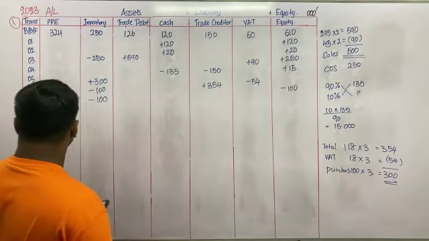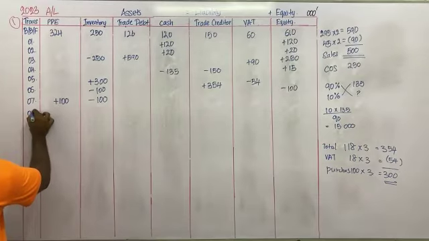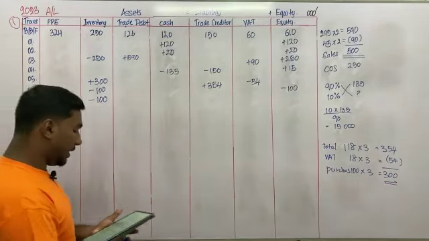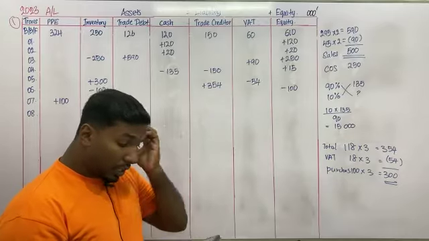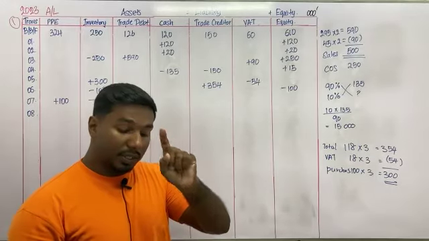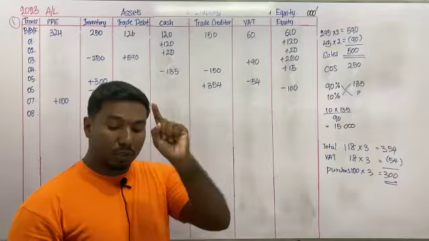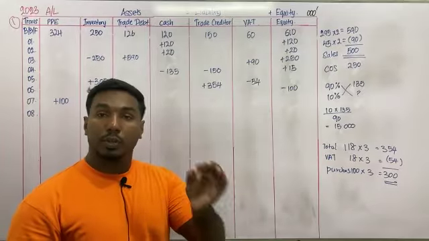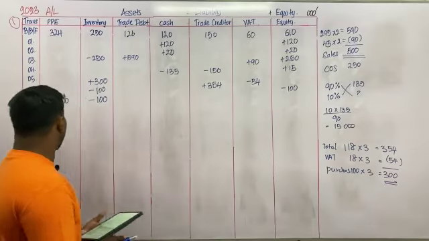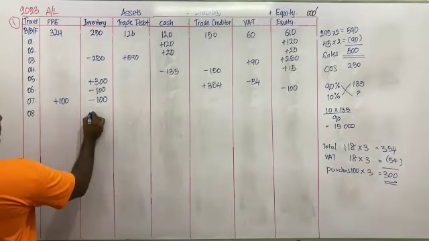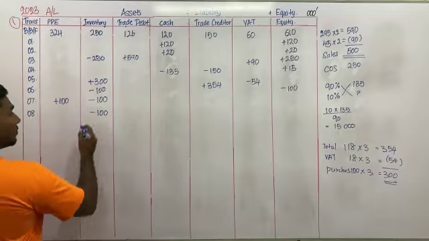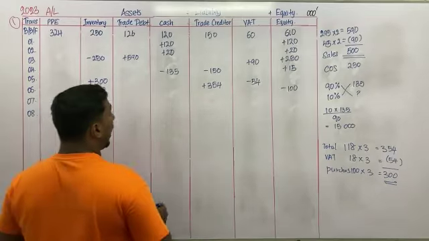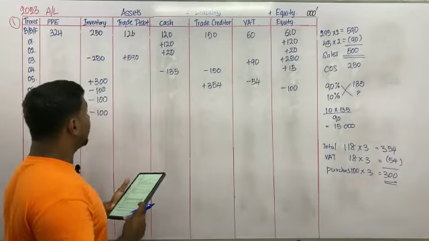Transaction number 8. Sold a computer for 177,000 for cash, inclusive of 27,000 VAT. Cost of this computer was 300,000. Okay, so cost is 300,000 and we sold it for cash.